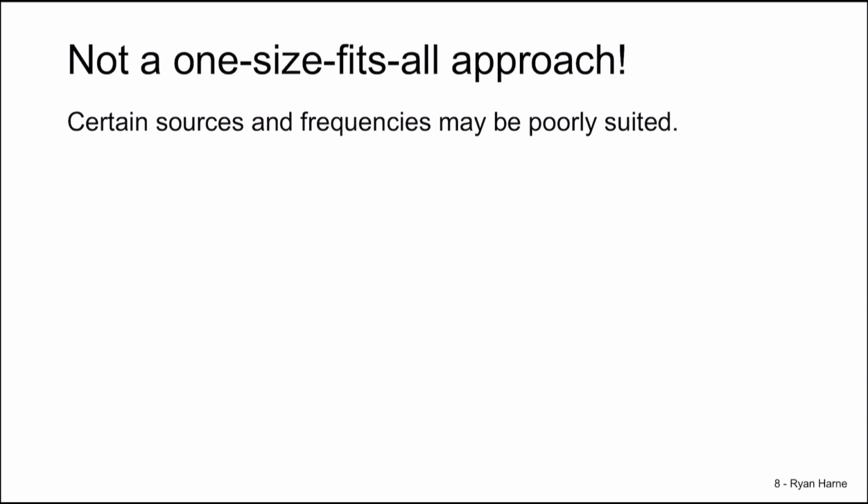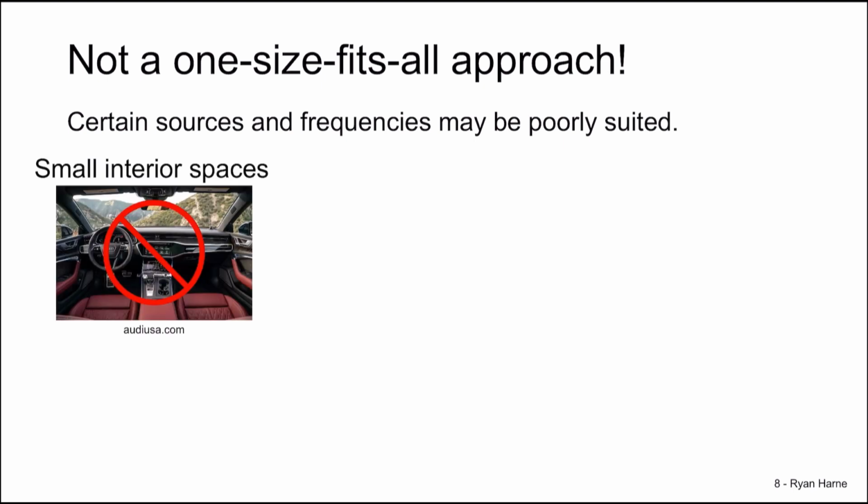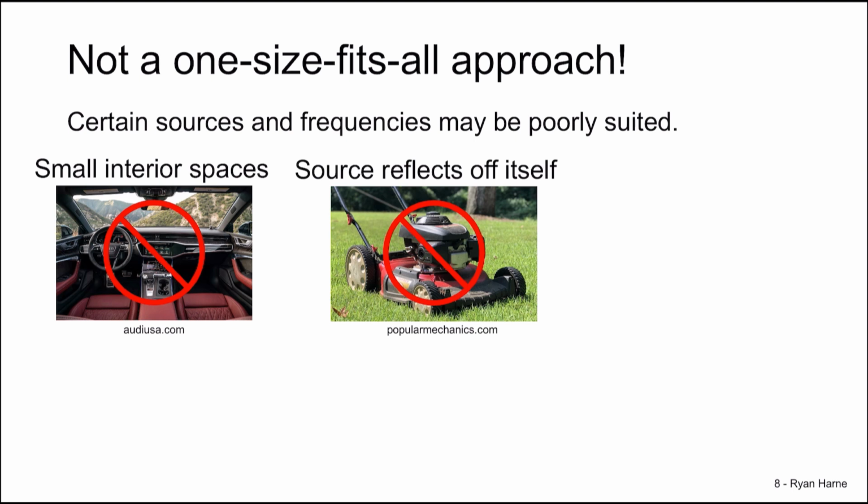Certain sources and frequencies are poorly suited for this discretized modeling of acoustic sources we just described. For instance, interior spaces, and especially small interior spaces. The sound field in these environments is heavily dominated by reflections, for which our approach presumes there are none. Or if the source is outside in a large domain but reflects upon itself.